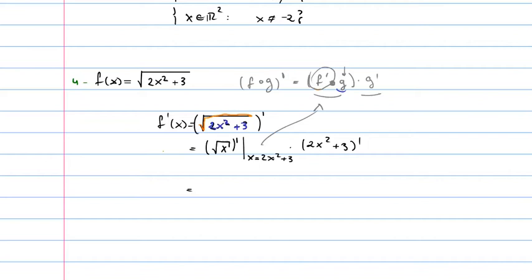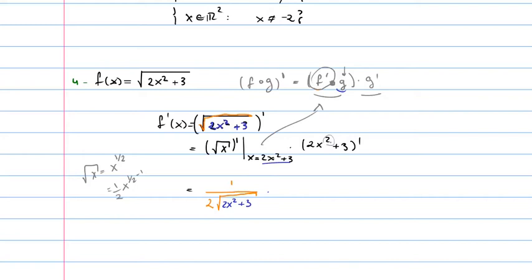So what is the derivative of the square root? Well, we have done this in a previous video, or you can just write the square root of x as x to the 1/2. So then just use the same rule as x to the n. This is 1/2 x to the 1/2 minus 1. So this gives us 1 over 2 times the square root of x, but we will first evaluate it here, 2x squared plus 3. And now just multiply by the derivative of this.